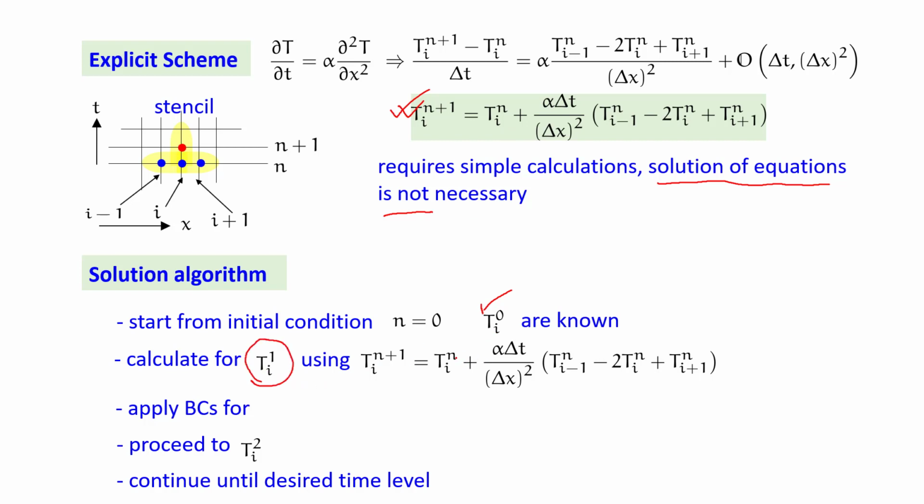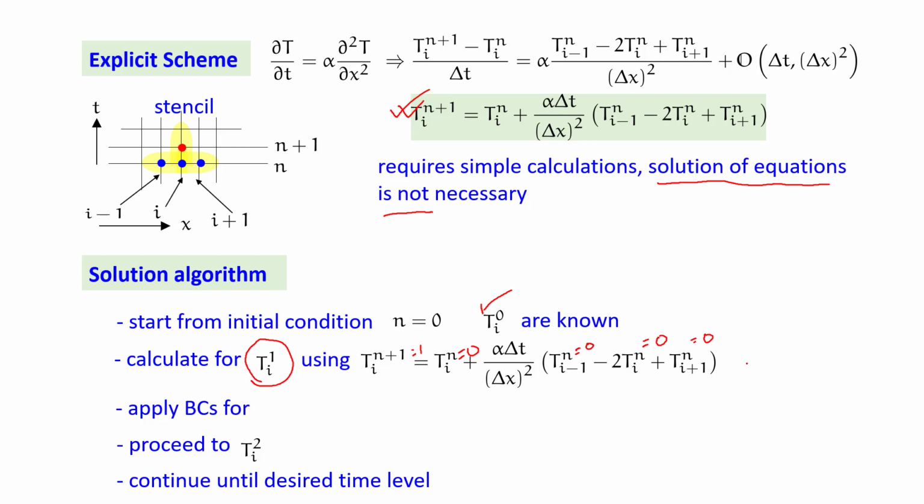Here if I plug in n equal to 0, all these zeros are known. On the left hand side I have T_i^(n+1) and n plus 1 is 1. So that means I can calculate T_i^1 from this prescription.